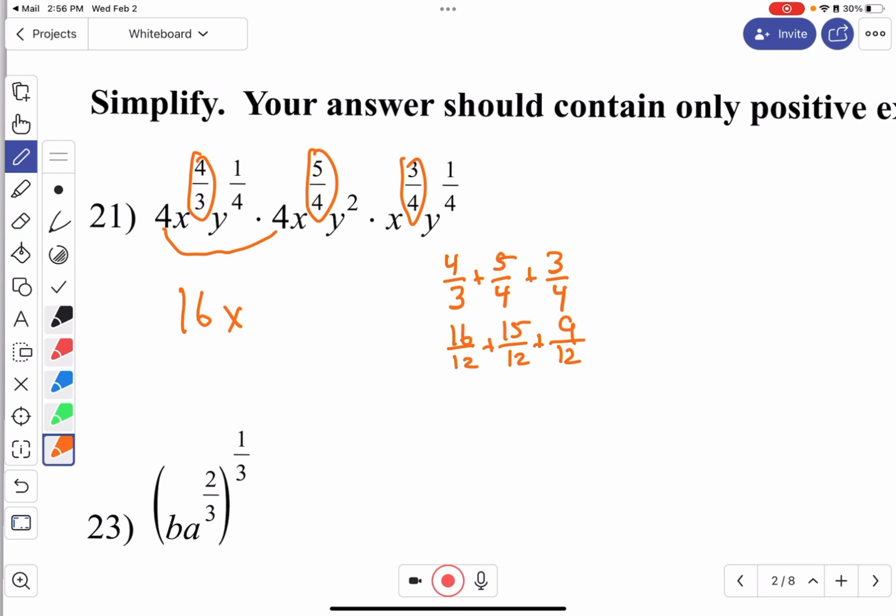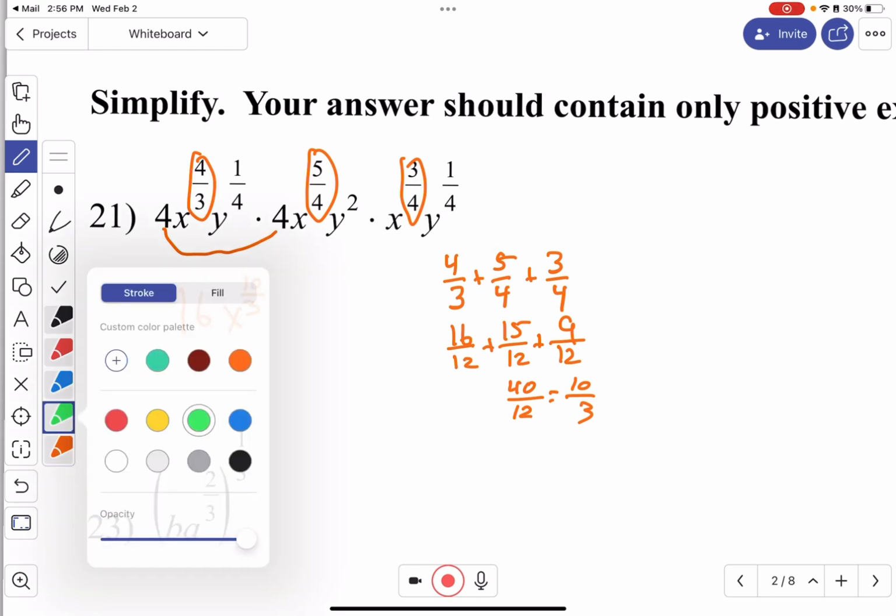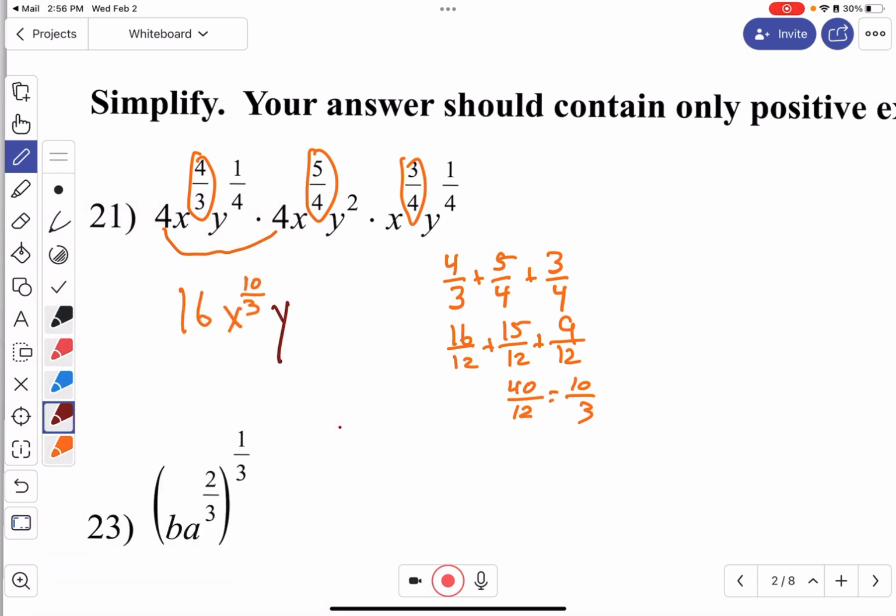Each 16. I think it's 40. Yeah, it's 40. So that's 40 over 12, which 4 goes into both of them, which is 10 thirds. And use your calculator for it as well. We'll change colors here for the y values. So we know we're going to have a y. For our y's, we've got 1/4. We've got 2, which is the same thing as 2 over 1.